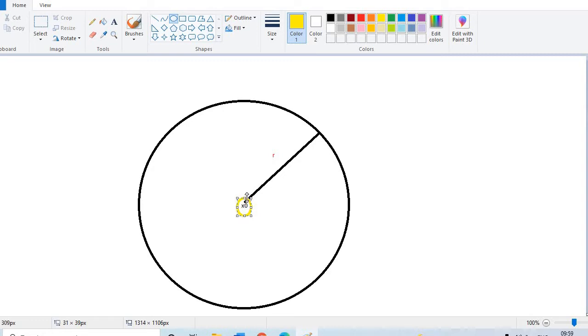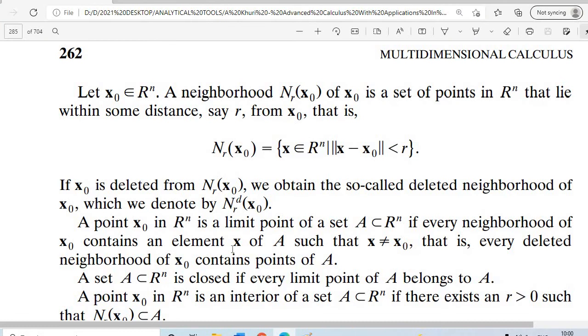Let us think of this as a point, not a circle. This is only that point. Suppose we exclude this point and the outer circle, then that neighborhood is called a deleted neighborhood. That is, in this neighborhood there will not be x naught, and moreover there will not be the boundary point or the black line. So that is usually called a deleted neighborhood.